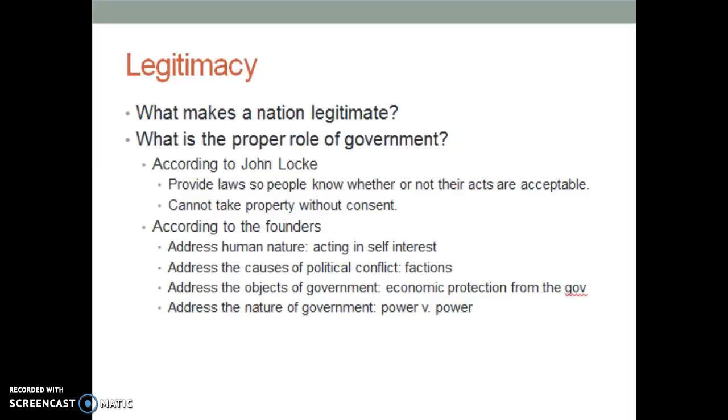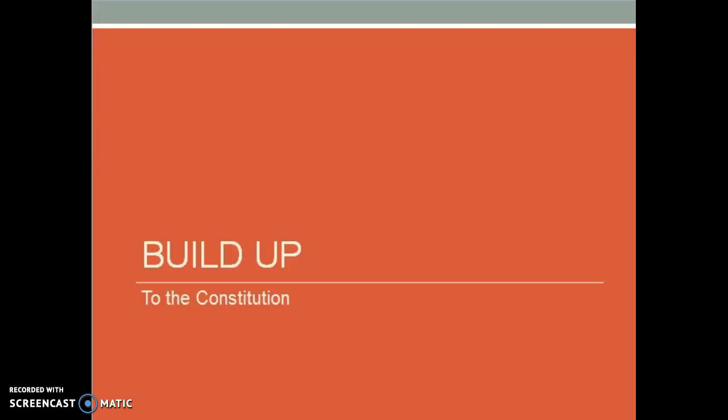And then lastly, addressing the nature of government: power versus power. That's going to connect you to Federalist 51 very closely. I don't want to spoil anything, because Madison has some pretty beautiful quotes in that piece. So that'll do it for part 1.